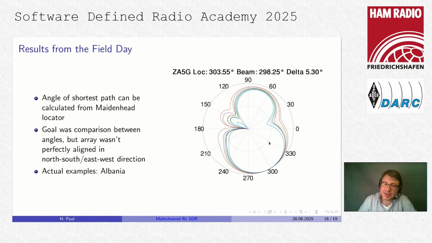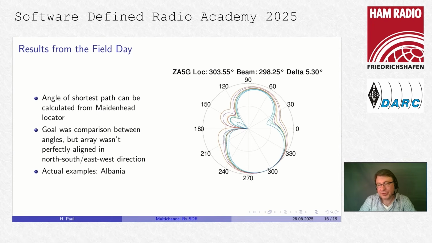These are the different time slots in which ZA5G transmitted, and plotted here are the normalized beam patterns. They are arbitrarily scaled. So this grid here is not exactly some particular value. It's just scaled to fit nicely into this polar diagram here.